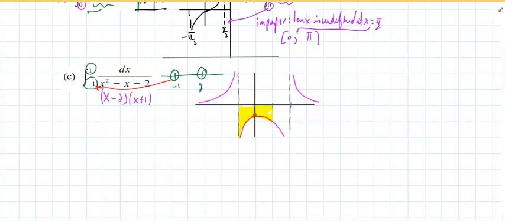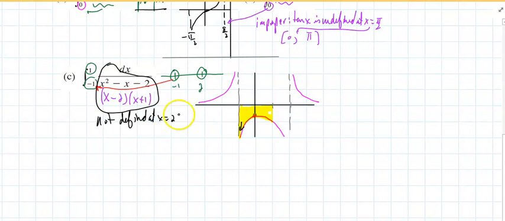Here we have a problem. So this is not defined at x equal 2. We have a problem.